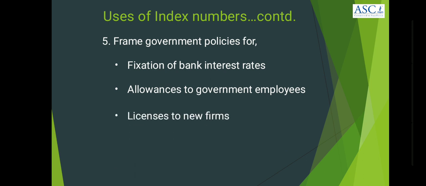The third one, index numbers help government to decide how many new licenses to be issued to firms in different sectors in accordance with the balance of prices of commodities in the economy. Otherwise, more licenses to produce same commodity results in drastic drop in the price of that commodity in the market, which will have an adverse effect on the manufacturers, in turn on the economy itself.